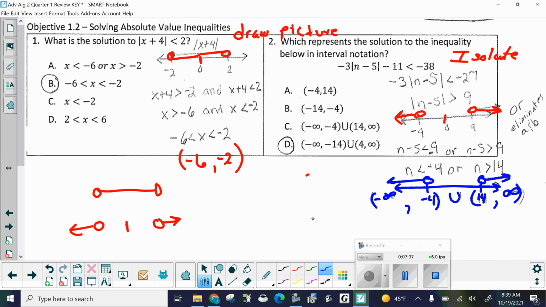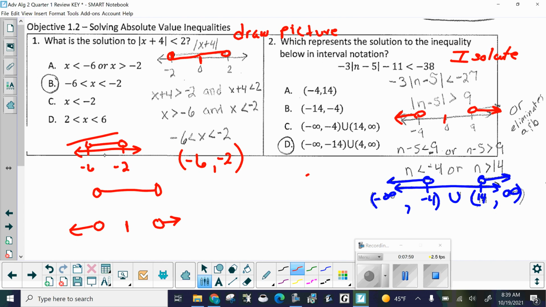Those are my values. Before we leave this real quick, if I wanted to graph this guy over here, whoops, sorry about that. Let me make a more horizontal line. Okay, I could do this. I could put negative 6 here, and I could put negative 2 here, and the graph is anything in between.